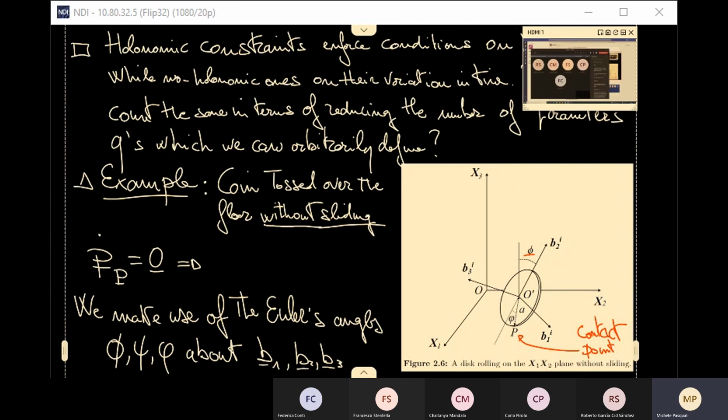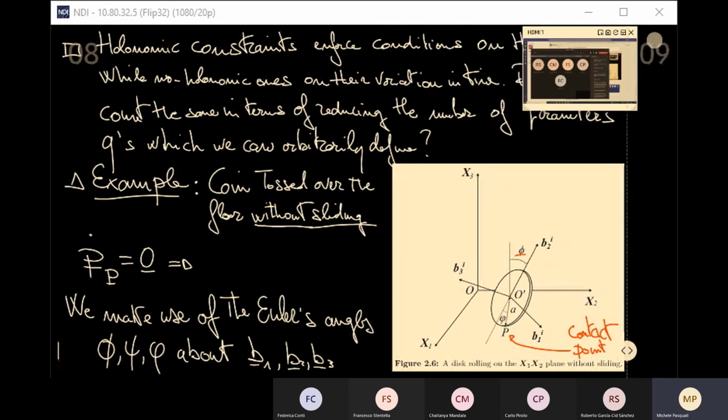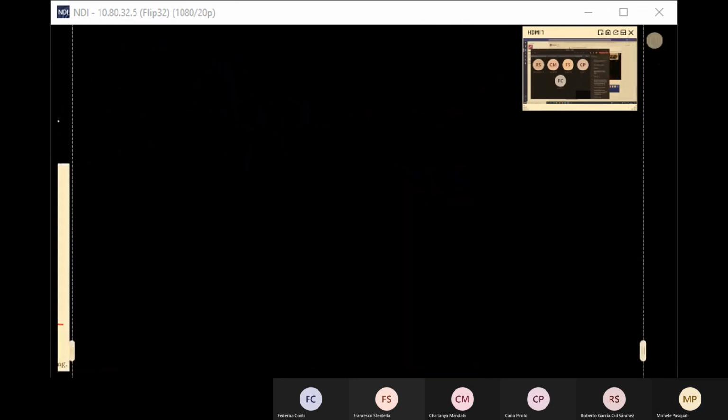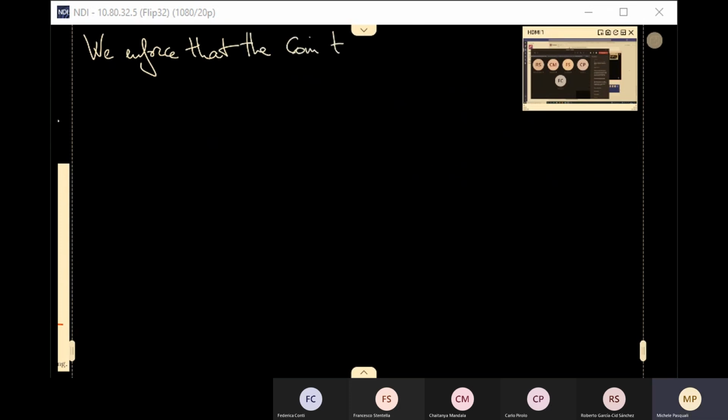So the important thing is that we have to enforce two things. First, that the coin is touching the ground, okay? It has to be in contact with the floor. How do we do this? So first, enforce that the coin touches the ground.